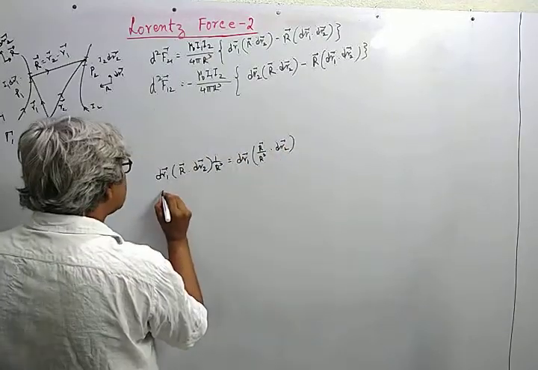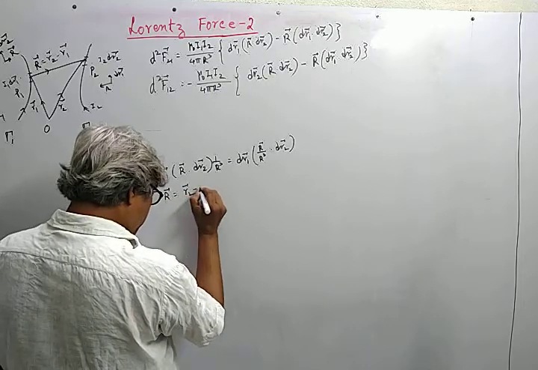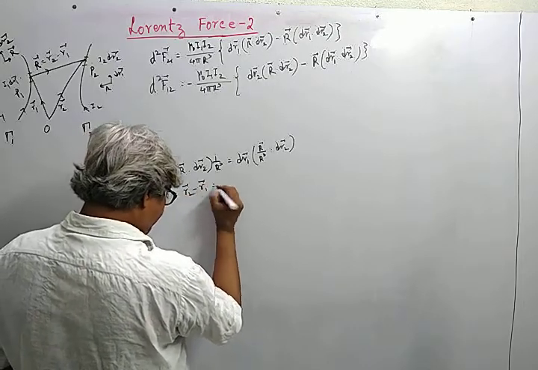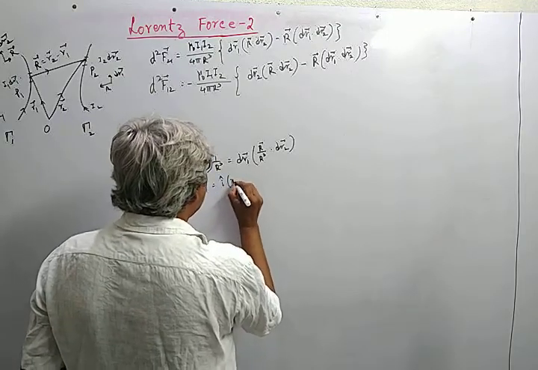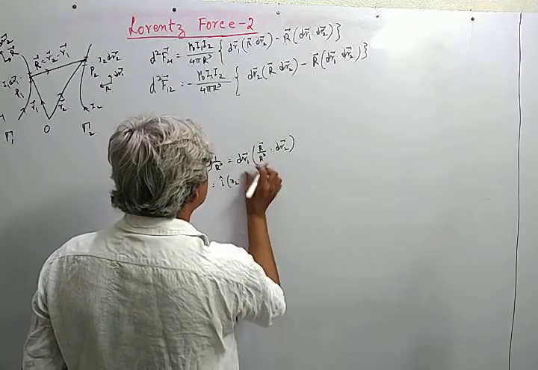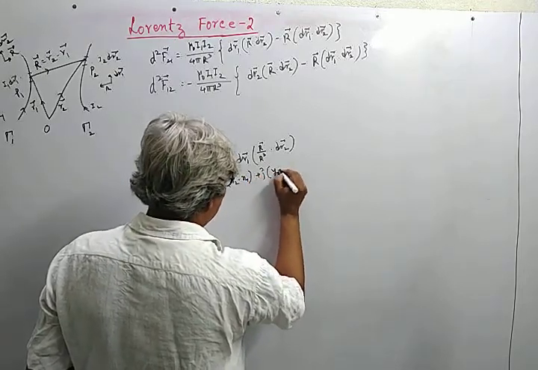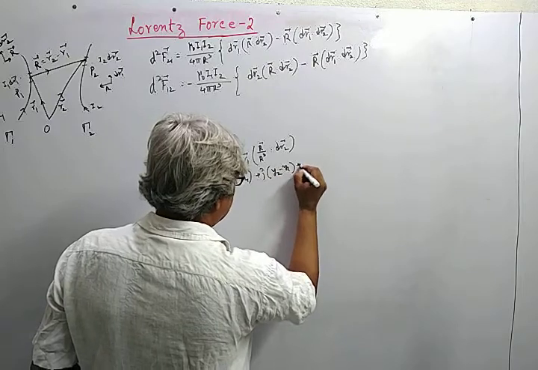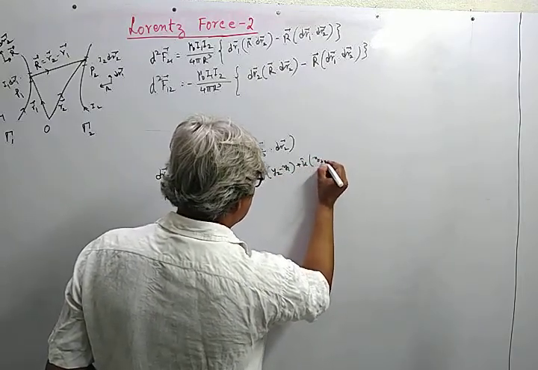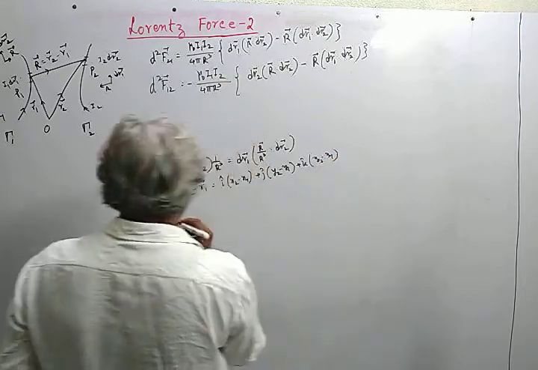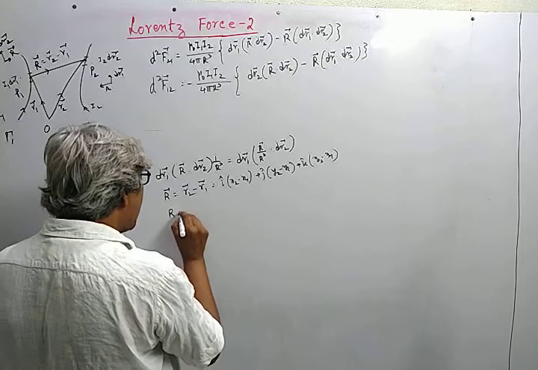You note that as per our choice, r is equal to r2 minus r1, that is, i cap (x2 minus x1) plus j cap (y2 minus y1) plus k cap (z2 minus z1), and r is its magnitude.